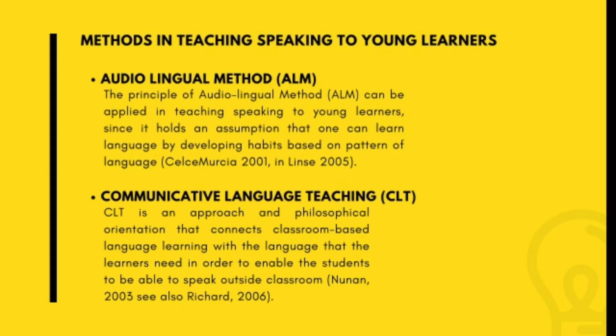And the second one is communicative language teaching or CLT. CLT is an approach and philosophical orientation that connects classroom-based language learning with the language that learners need in order to enable the students to speak outside the classroom.